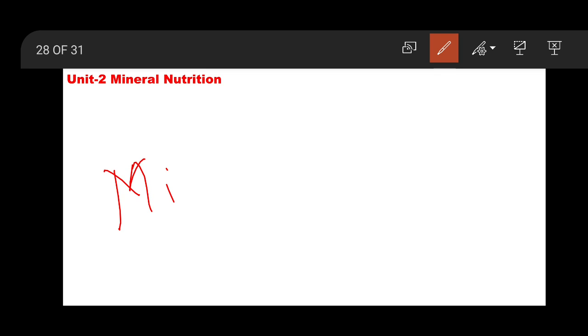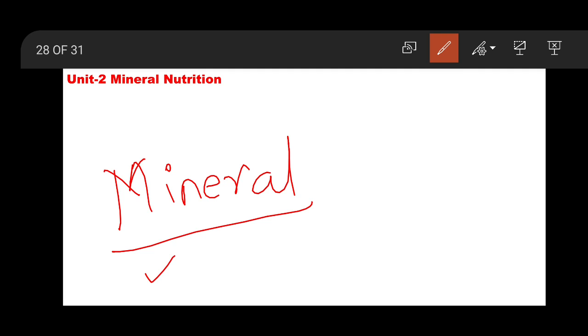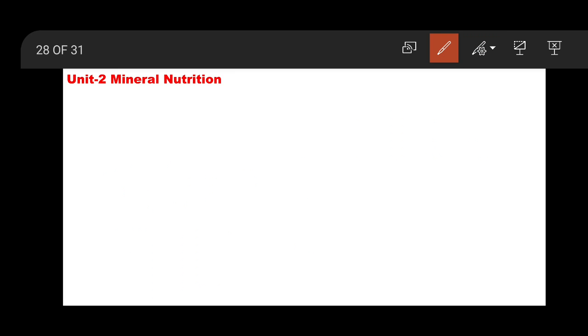You might have heard the word mineral in your day to day life. Minerals are required by all organisms as a nutrient. If there is a deficiency of vitamin B in our body, you get burns on your tongue, in your mouth.